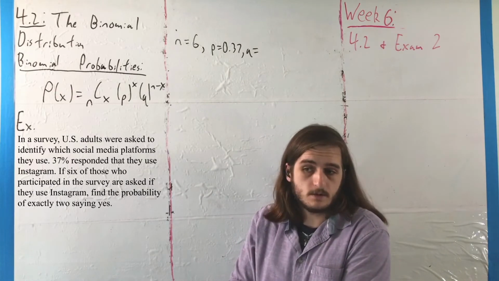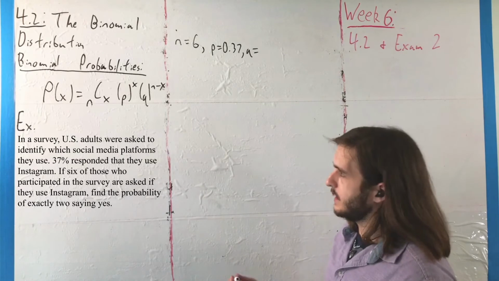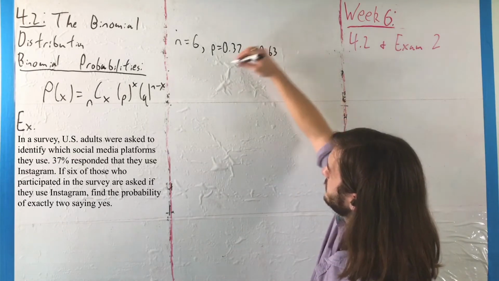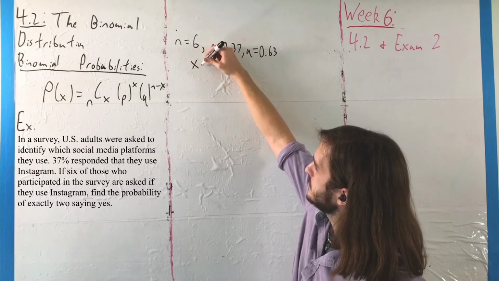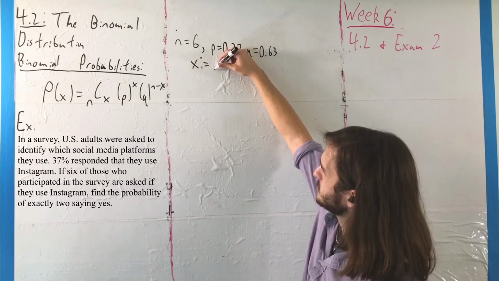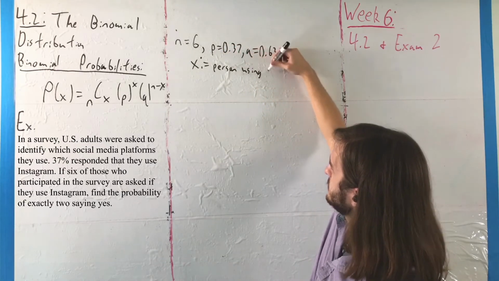This is binomial because either you do or you don't. Where X is defined as a person using Instagram.